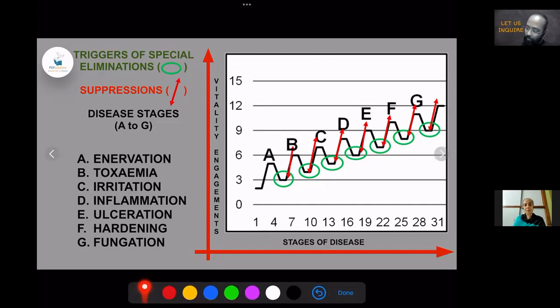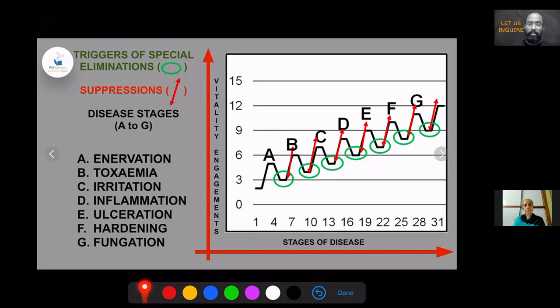In this graph, the x-axis proposes the stages of disease. The y-axis proposes the primary topic of this workshop, the vitality engagement.